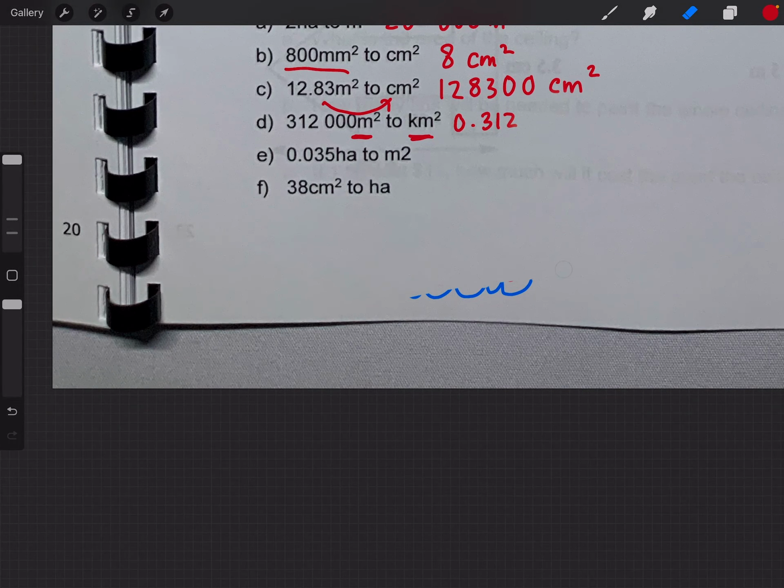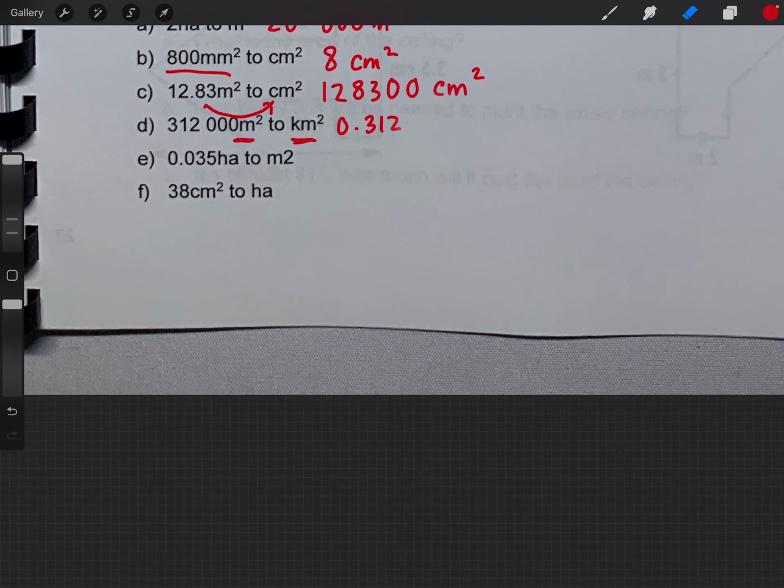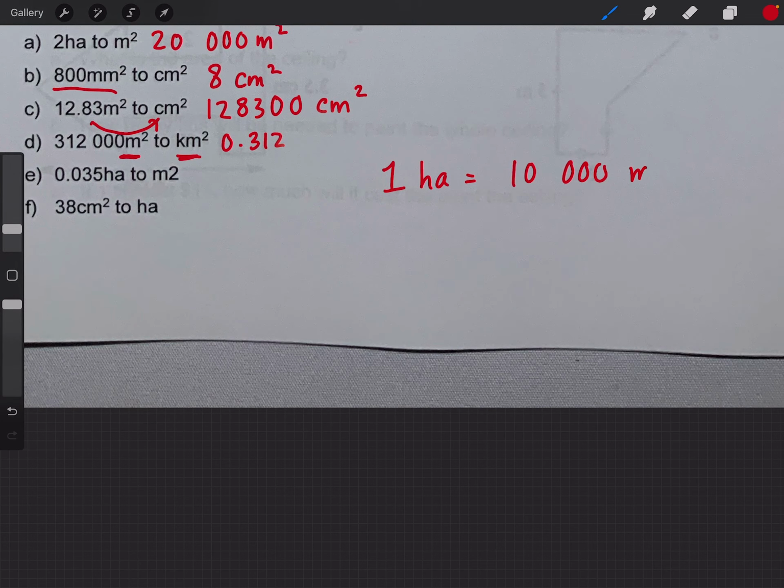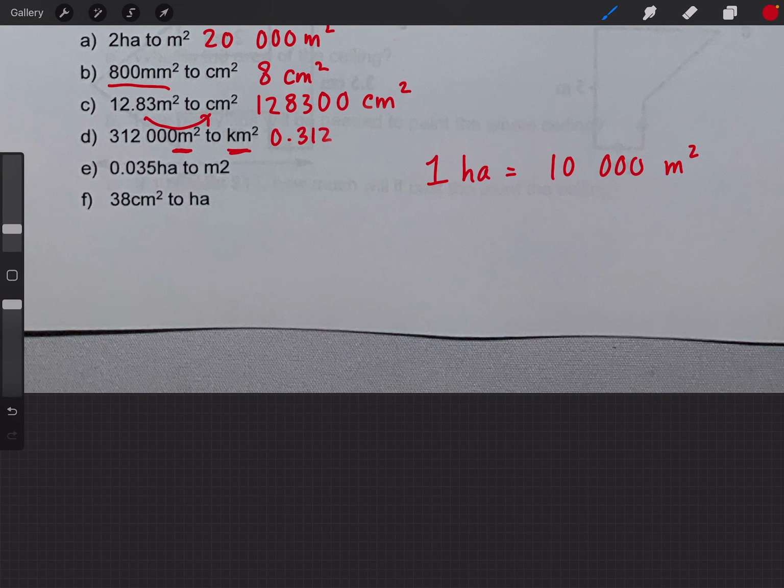Now the next one says 0.5 hectare squared to meter squared. So remember that 1 hectare is equal to 10,000 meters square. And so to go from hectare to meter square, we times it by 10,000. Alright, that's what we're doing.